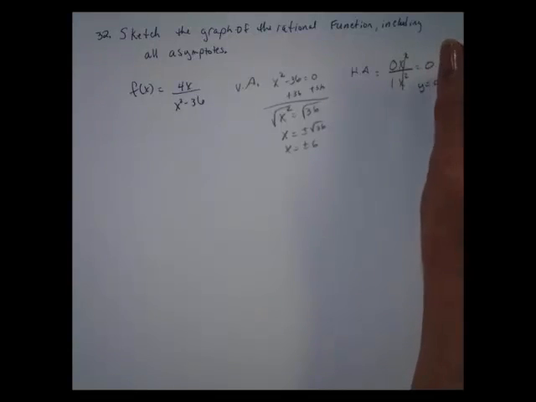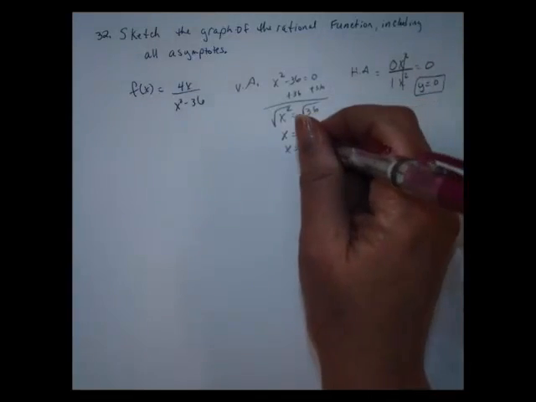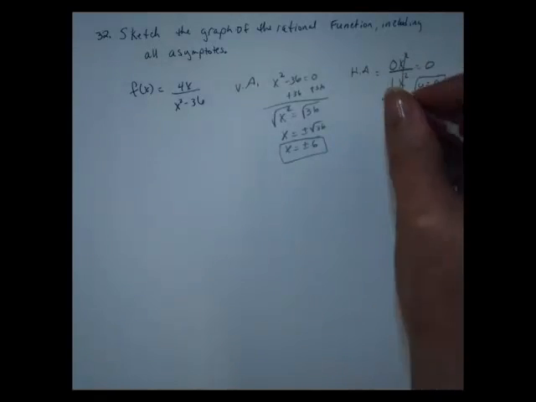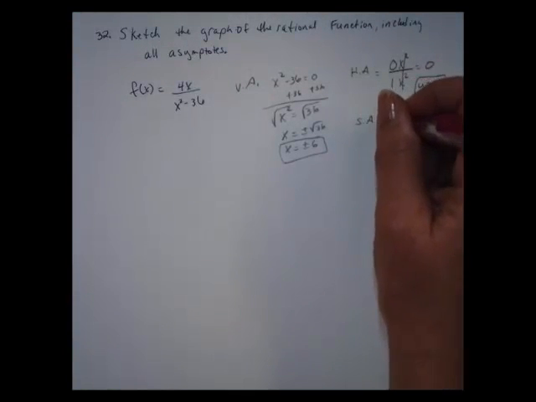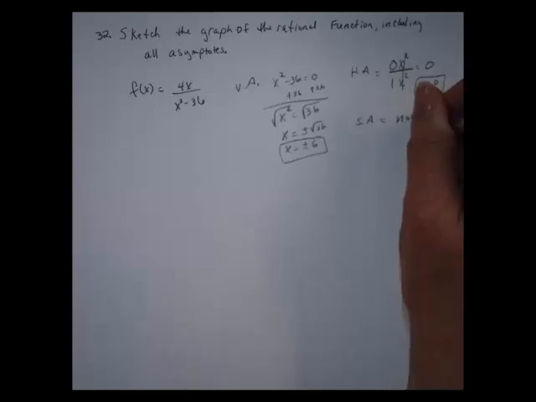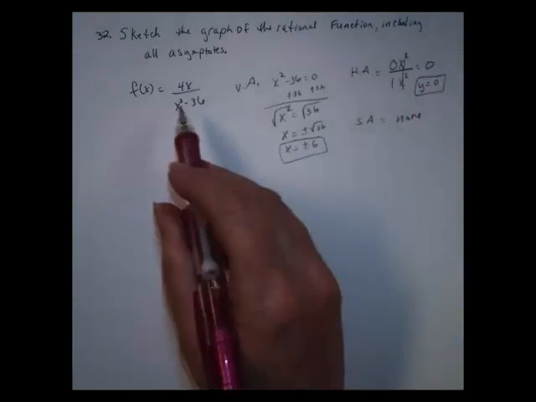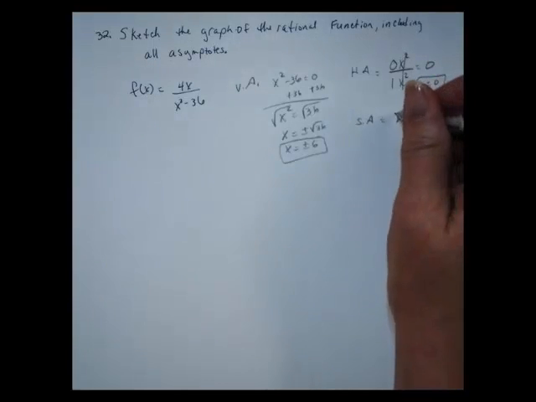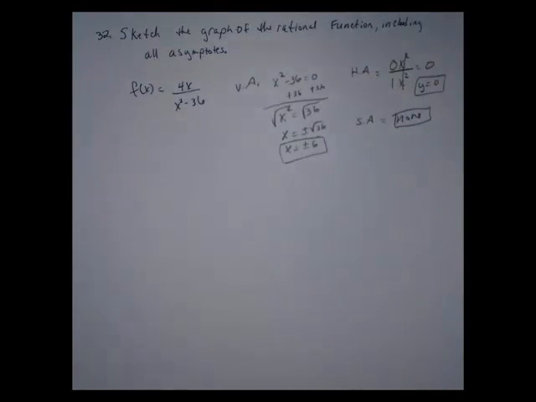So y equals 0 is our asymptote. Now these are lines, so don't put them as points because they are actually lines. So if we have a horizontal one, we do know that we're not going to have any slant asymptote. But again, the top degree is not bigger than the bottom degree, so that also tells us that we will not have one.